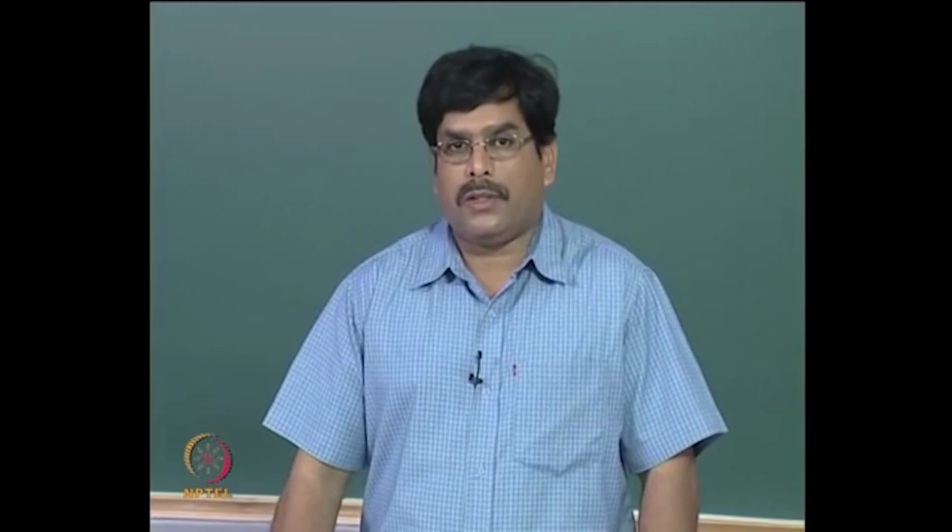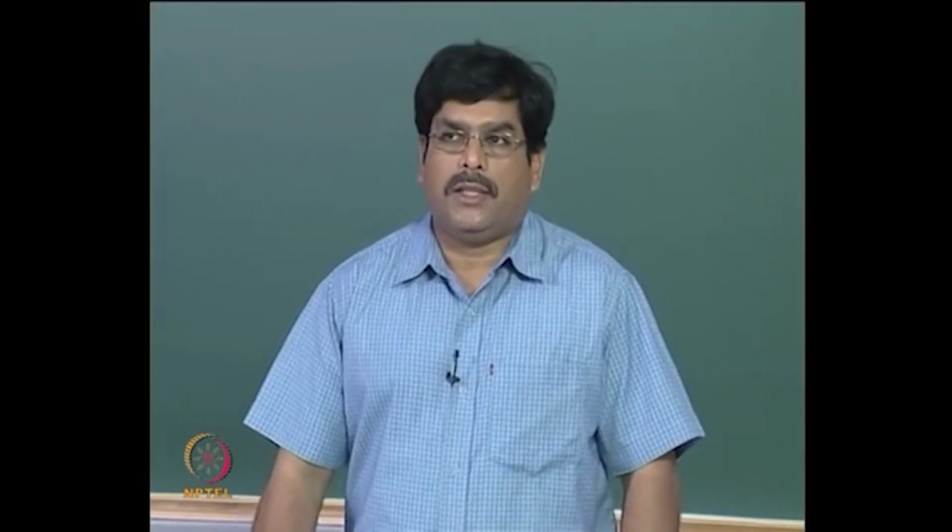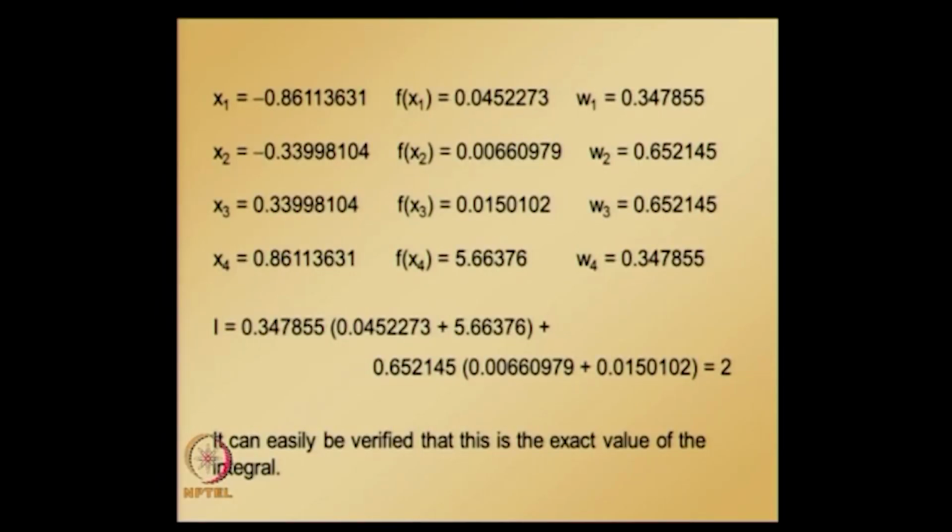Adopting 4 points, we get the integral value to be 2, and it can easily be verified that this is the exact value of the integral, because before we started using Gauss quadrature to evaluate this integral, we noted down the exact solution for this problem, which is 2.